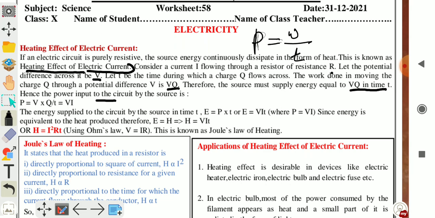If we put the value of W from this formula, you know V is equal to W upon Q, or W will be equal to VQ.